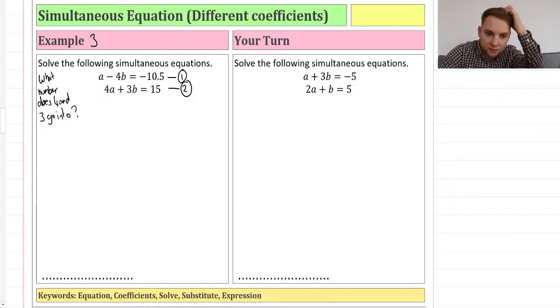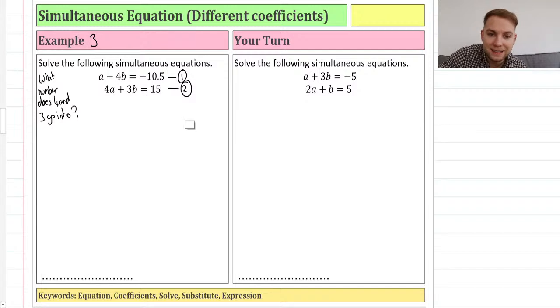If we do the multiples of 4, it's going to be 4, 8, 12, 16, and 3, 6, 9, 12. They both go into 12.